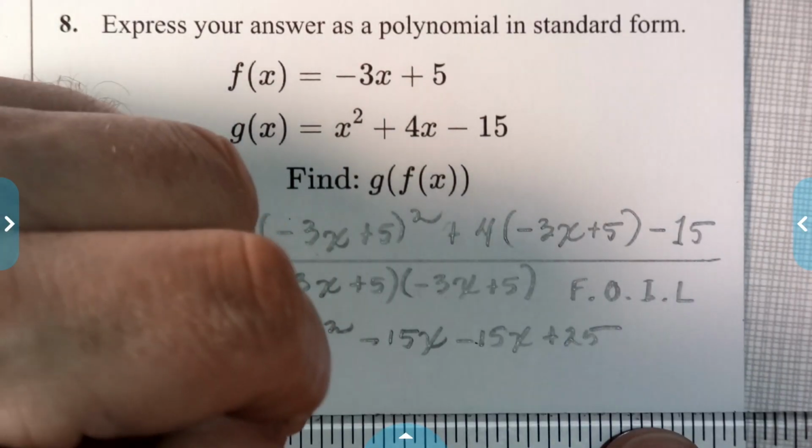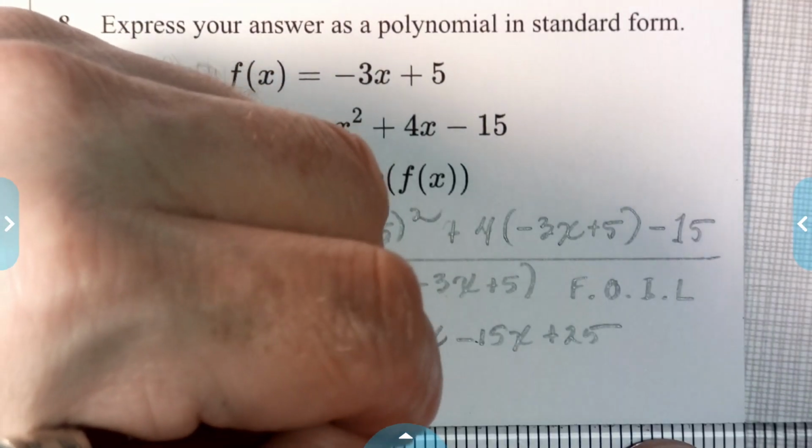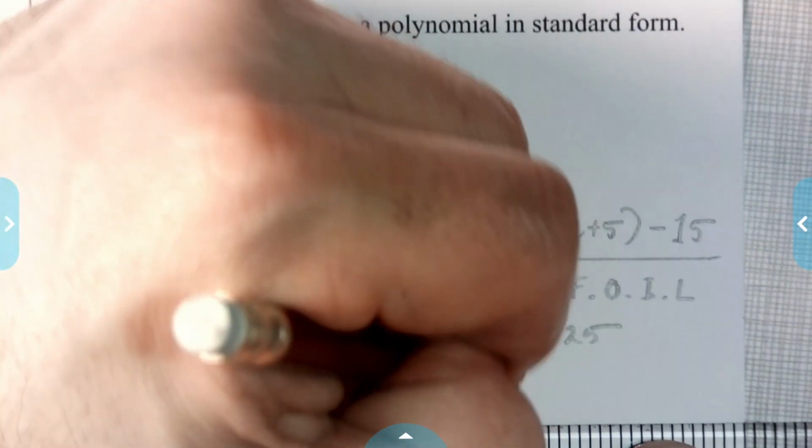And then we combine the middle terms. We have 9x squared minus 30x plus 25.